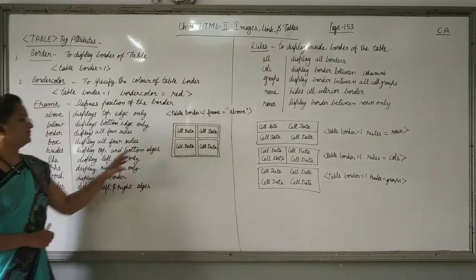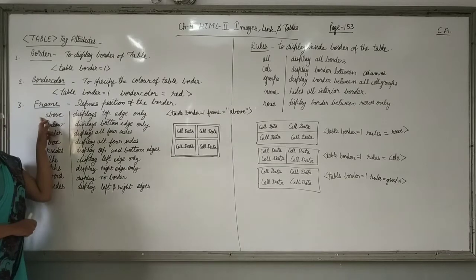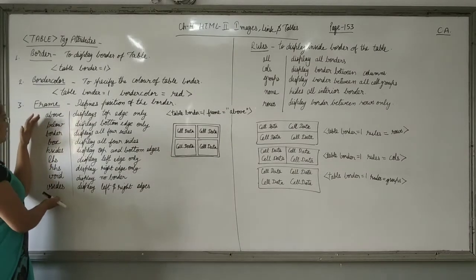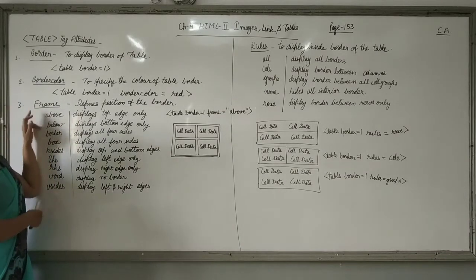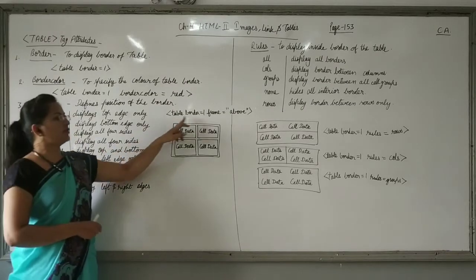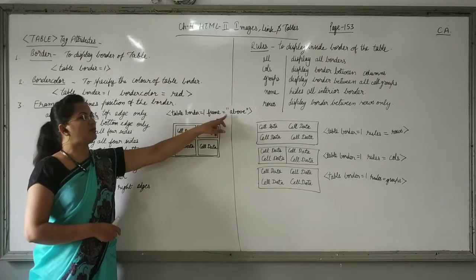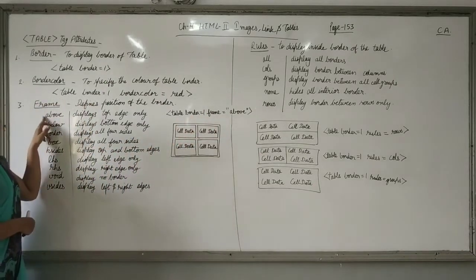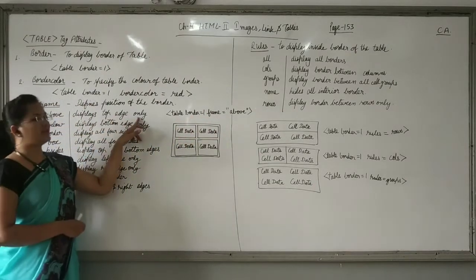Let's see how many values there are for the frame attribute. These are the only values we have to use for the frame attribute. How to write it? Table border equals to 1 and then frame equals to above. Frame equals to above will display the top edge only.